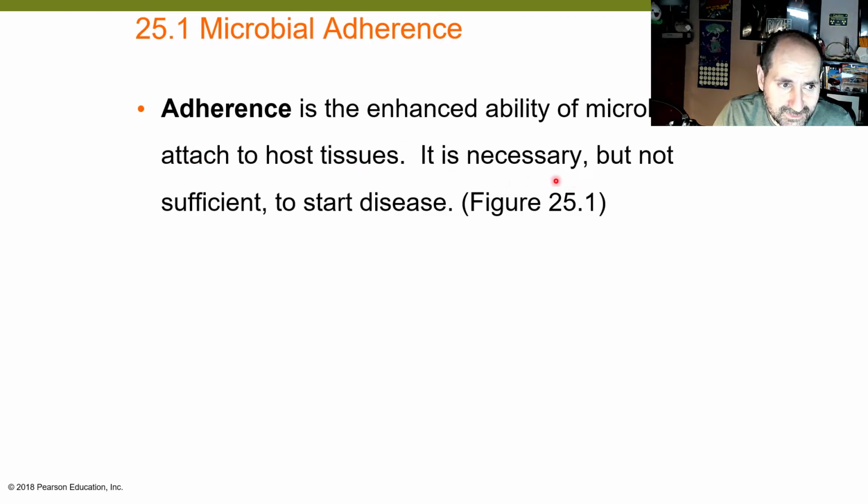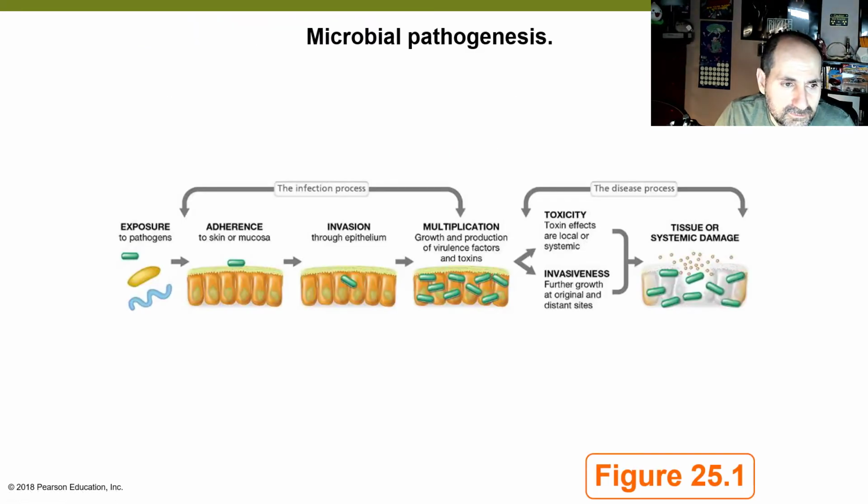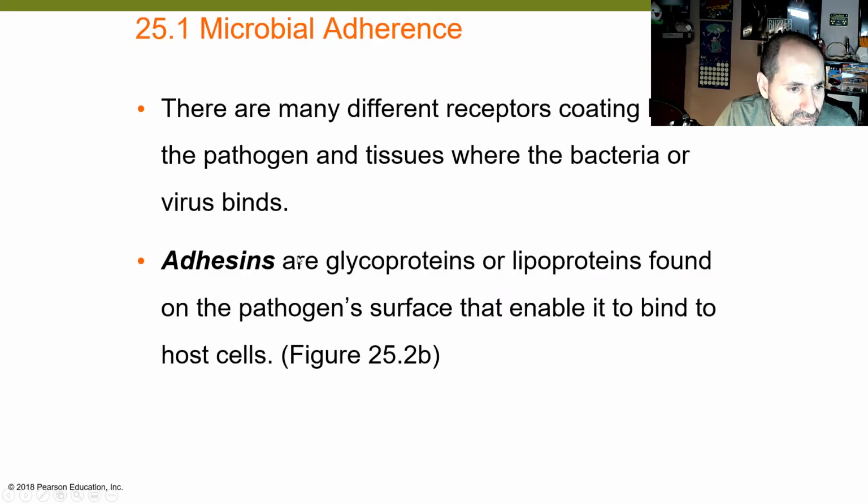It is necessary but not sufficient to start disease, but it is necessary for disease. If a microbe cannot attach to you, it cannot infect you, right? And then we talked about these steps: exposure, adherence, invasion, multiplication or colonization, and then there's toxicity, invasiveness, tissue damage.